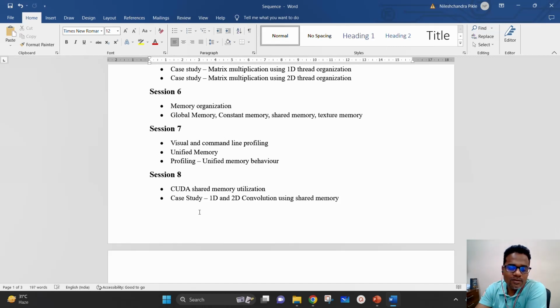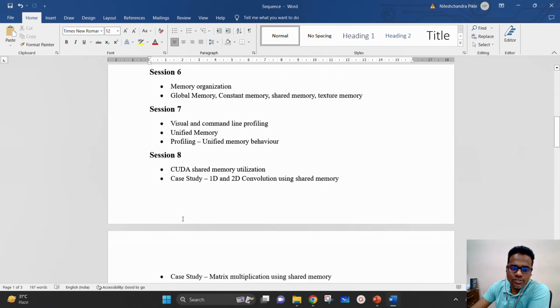It is a very elegant concept, and we'll dedicate at least 2-3 sessions to it. Practically we'll try to understand its behavior, in what cases it is advised to use unified memory and where to avoid its usage. That can also be discussed in these sessions.